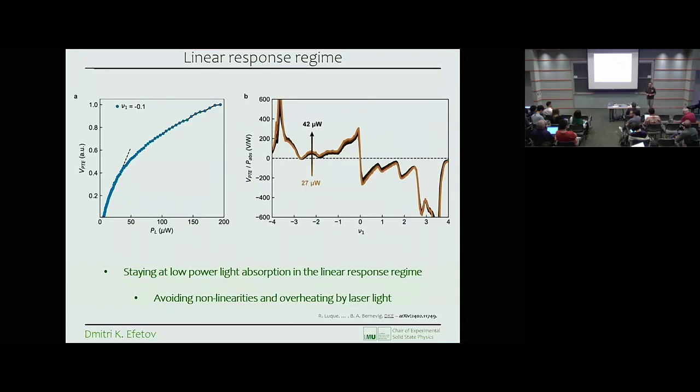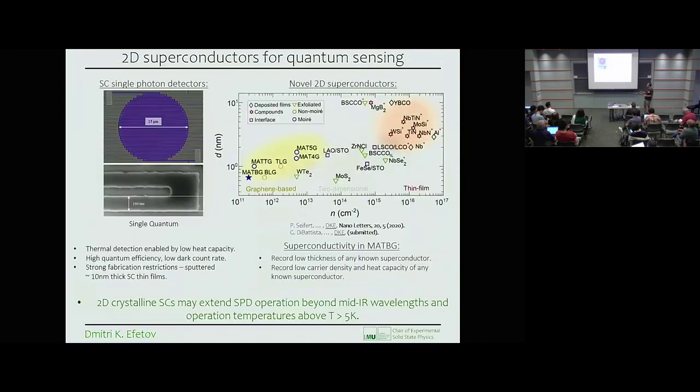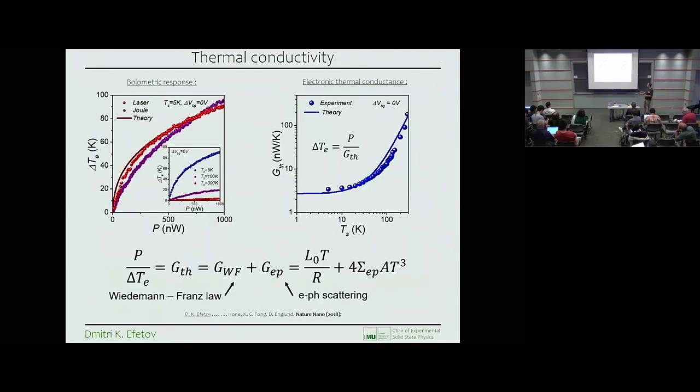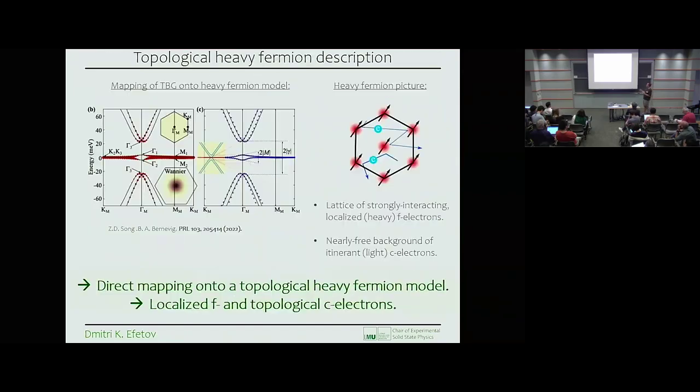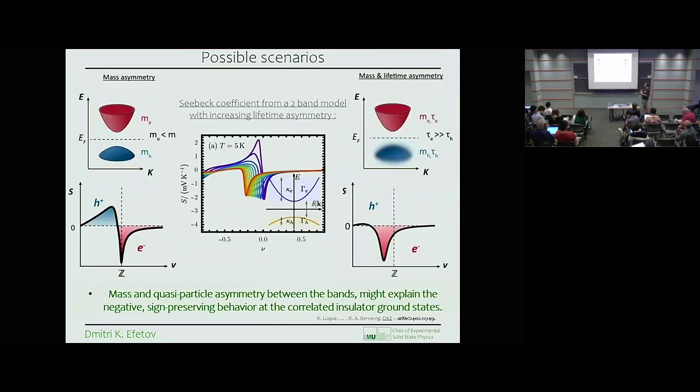Right. But then I got a little bit confused. How do I get both kinds of carrier contributions? Oh, okay. So what is really important here is this sign changing behavior. It's not generic.